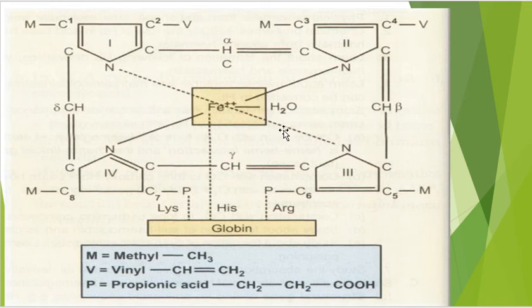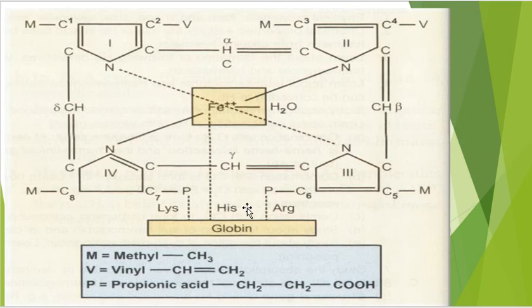The propionic acid groups, the carboxyl groups at positions 6 and 7 of the heme on the 3rd and 4th pyrroles, are also linked to the basic groups of the amino acids arginine and lysine of the polypeptide chain.